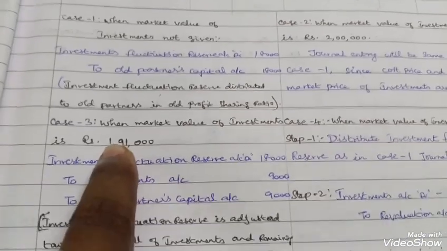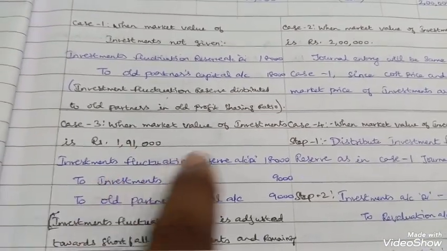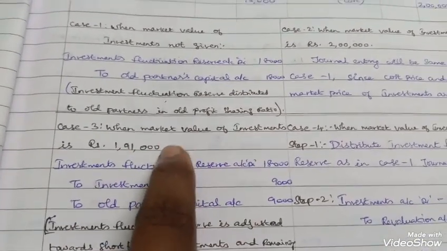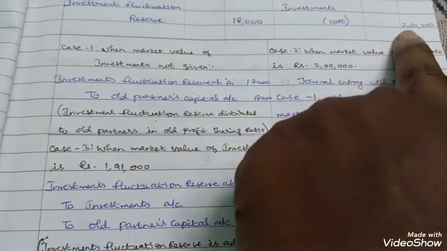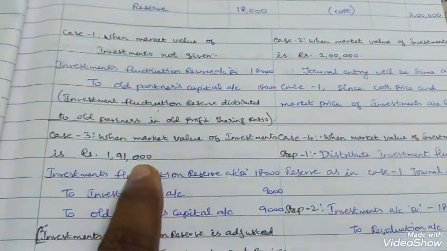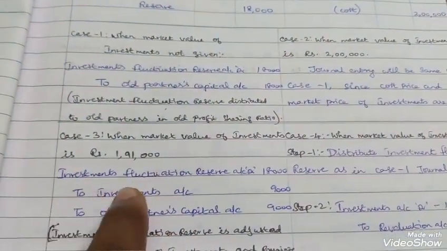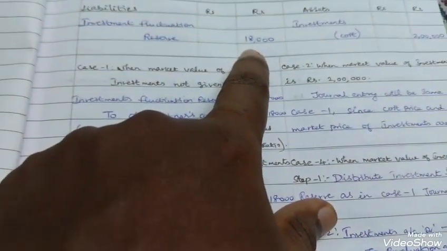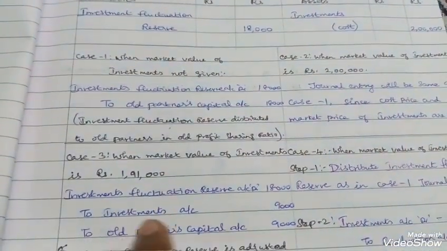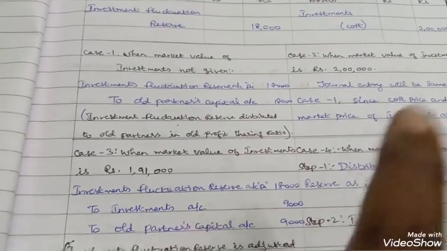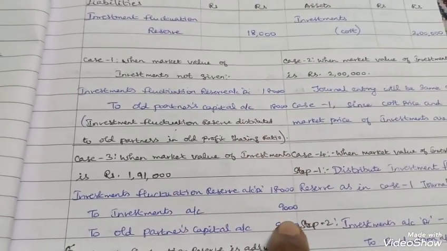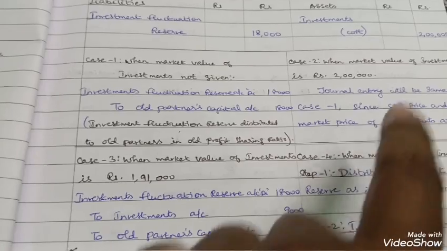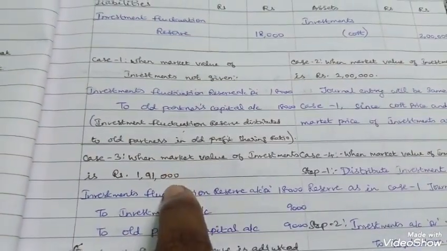So in that scenario, the market value is lesser than the cost price. So it's easy: investment fluctuation reserve account debit is 18,000, and to investments, the difference is 9,000.